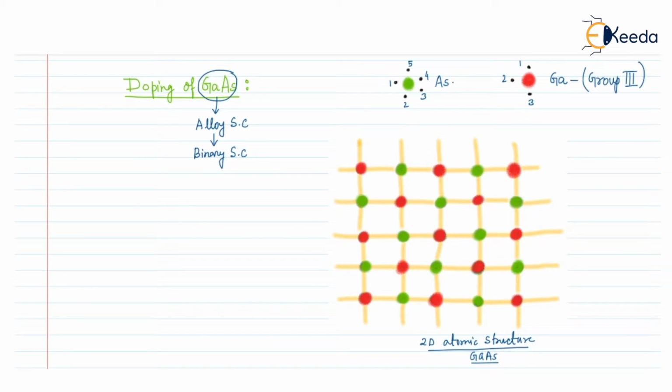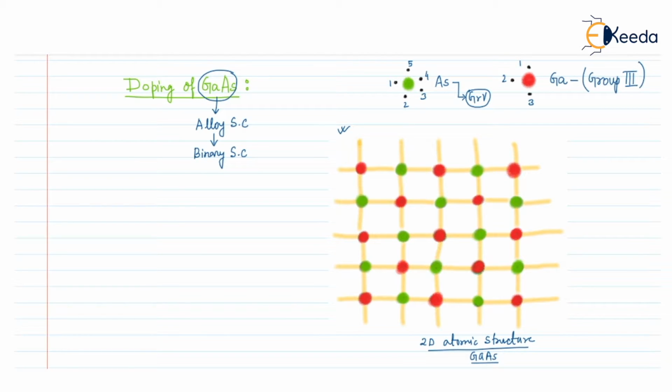And arsenic is a group 5 element, that's why it will have 5 electrons in the outermost orbit. They are oriented in gallium arsenide in this fashion, in the given figure. So this is the 2D atomic structure of gallium arsenide.